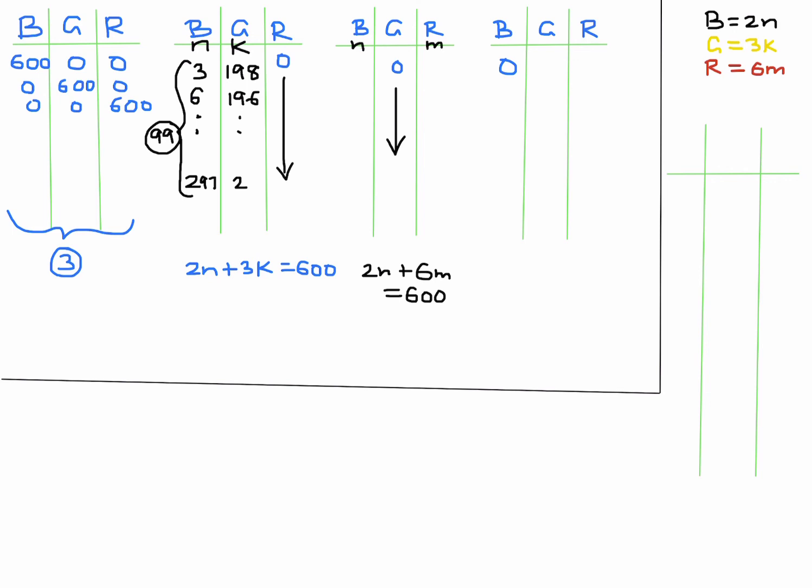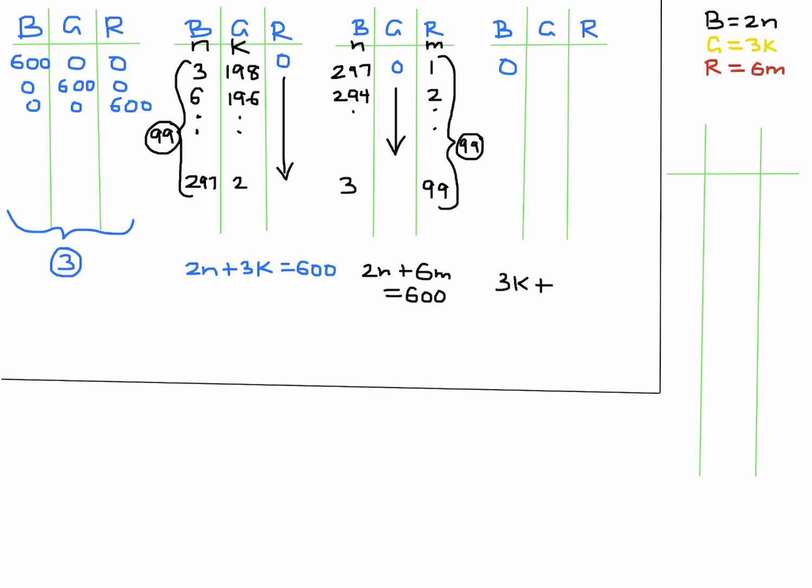If m is 1, then I get for n 297. If m is 2, I get 294. In a very predictable way, you just keep filling these out, and you find that the end of the road is 99 and 3. So how many did we get? It's pretty easy to count this one. That's 99.